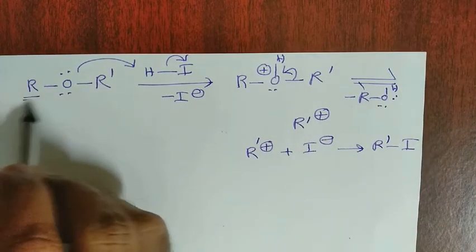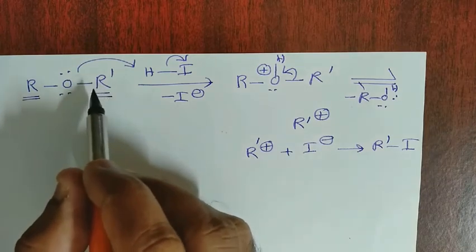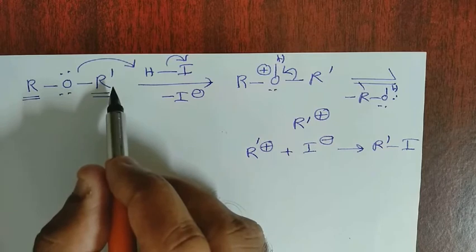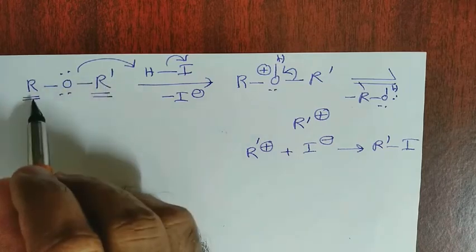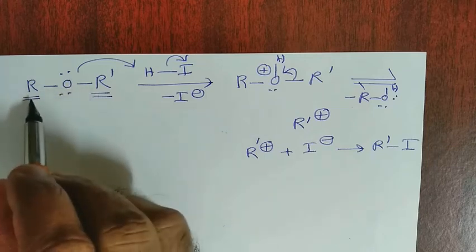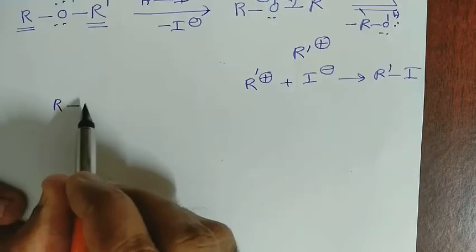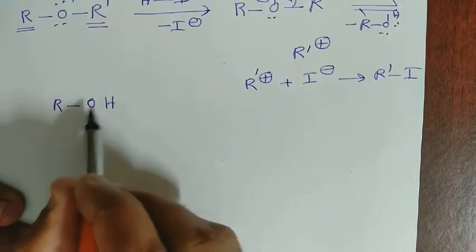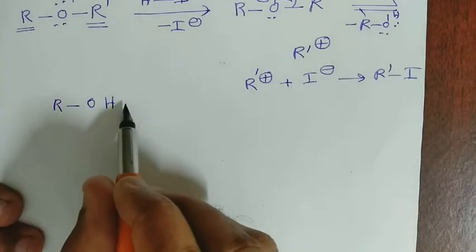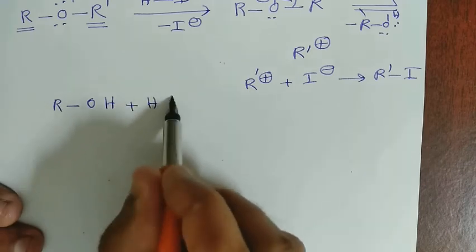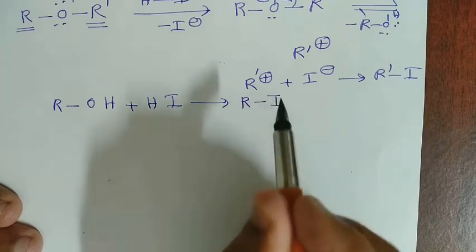That is, if R or R' is a tertiary alkyl group or a benzylic or allylic group, tertiary alkyl iodide and an alcohol, or benzylic iodide and an alcohol, or allylic iodide and an alcohol are obtained. If excess hydrogen iodide is used, then the alcohol formed will further react with HI to form the corresponding alkyl iodide.